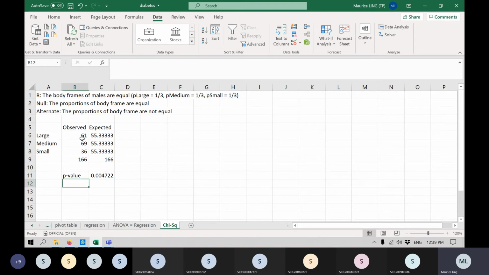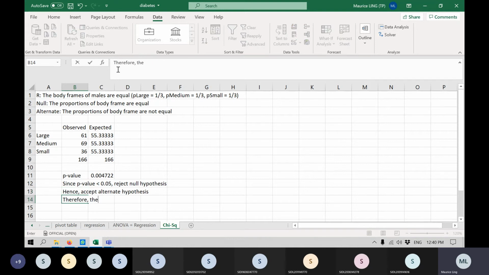You can say that since the p-value is less than 0.05, you reject your null hypothesis. Hence, you accept your alternate hypothesis.